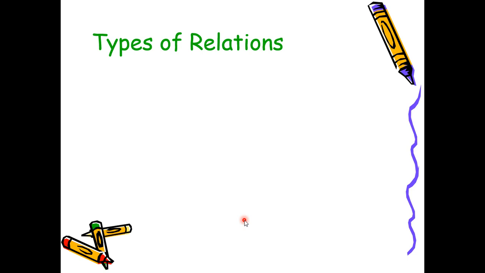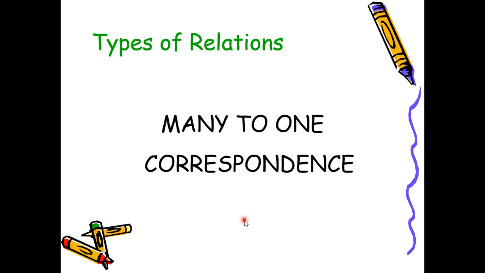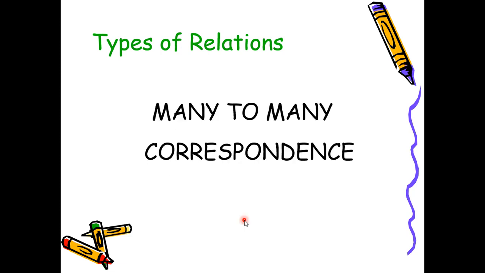Third one is many-to-one correspondence. And lastly, the many-to-many correspondence. Okay, yung apat po na yan is type po ng relations. Okay, meron tayong one-to-one correspondence, one-to-many correspondence, many-to-one correspondence, and lastly, many-to-many correspondence.